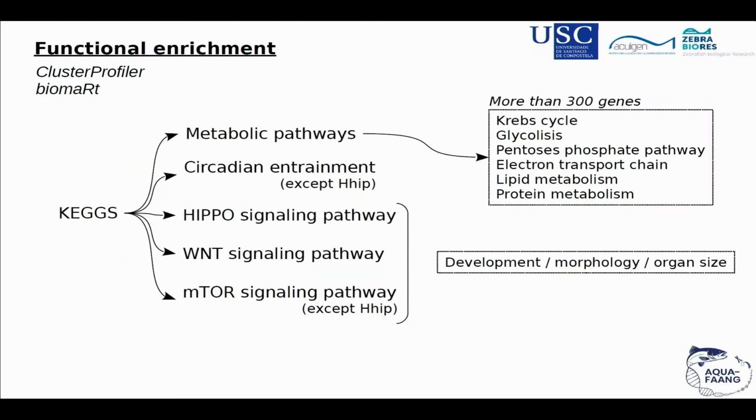At the level of the pathways enriched, a lot of metabolic genes are present around these conserved enhancers, which are mostly involved in general lipid, protein, and carbohydrate metabolism. Also, circadian entrainment was enriched, and importantly, these three pathways controlling development, morphology, and organ size were highly enriched.